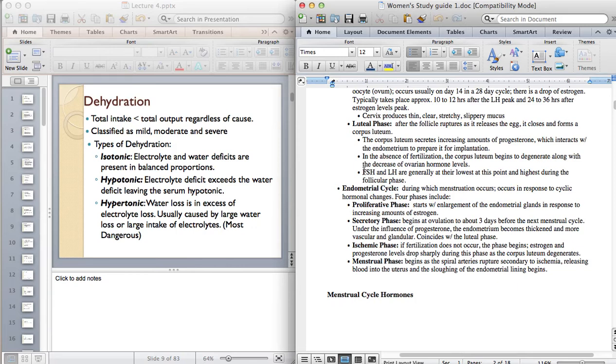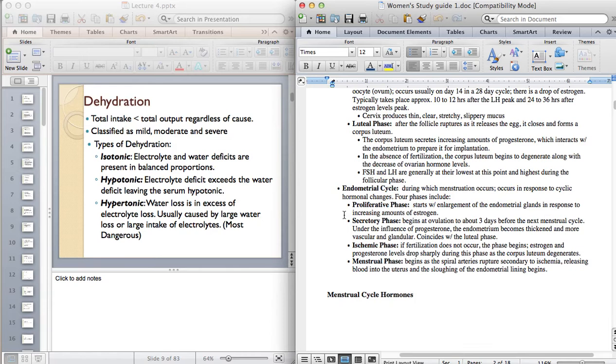Remember, the extracellular fluid is the one that goes through the tissue and supplies the nutrients, and it's part of the plasma content. So now you have less of that. That is the problem.